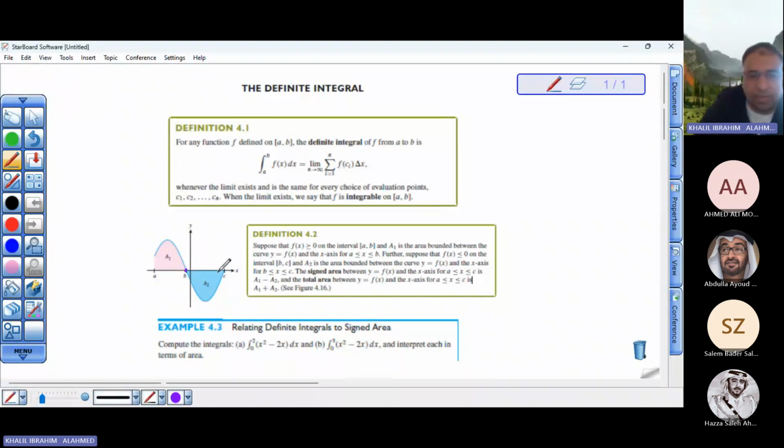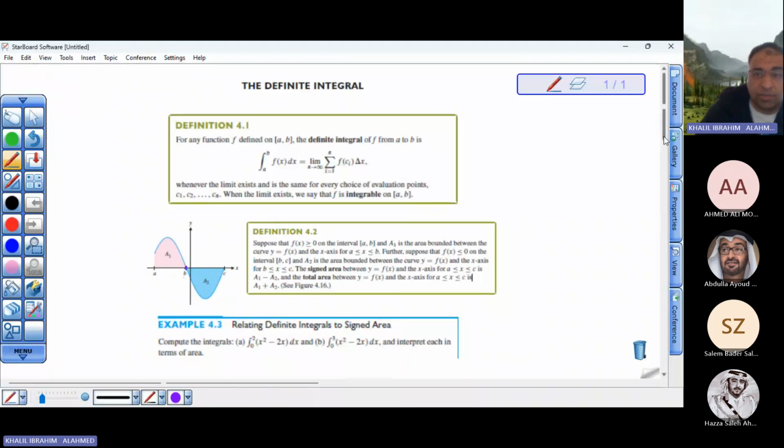Under the x-axis and blue shaded here in the graph, this is area 2. The signed area between the given curve of the given function and the x-axis from a to c is equal to area 1 minus area 2.